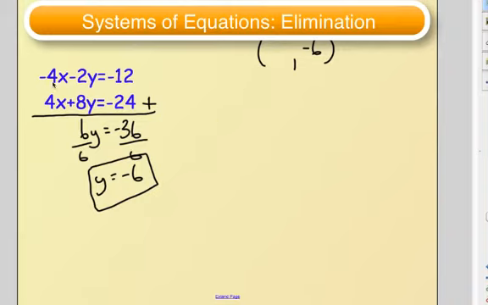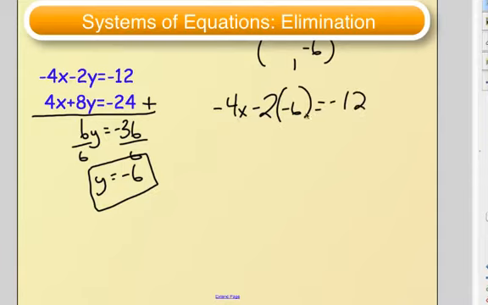It doesn't matter which one. I'll take the top one because it has a smaller number to multiply, and I always struggle with my multiplication, so I'm going to keep this as easy as possible. I'm copying the equation, negative 4x minus 2, but instead of y, I'm going to substitute in negative 6, and that equals negative 12.